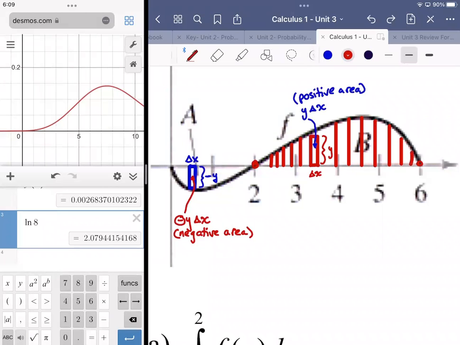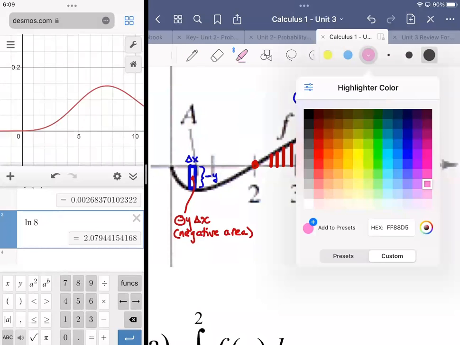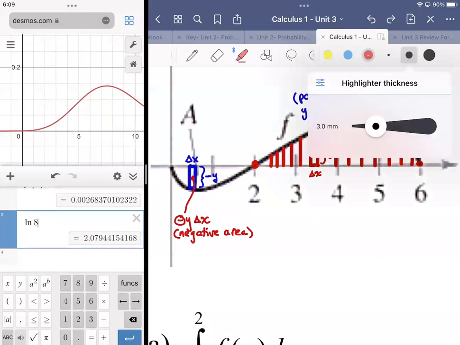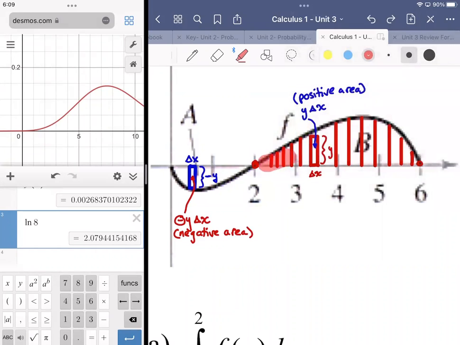And if I could get infinitely many of those rectangles in there, if I get the accumulation of all possible rectangles over this interval, then I would have a positive area.